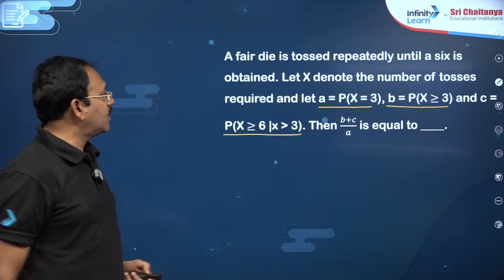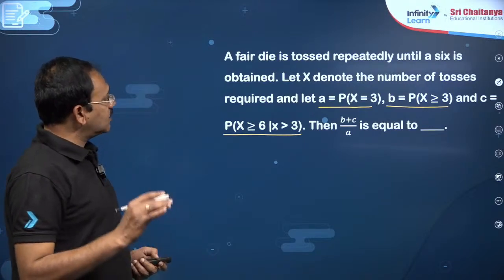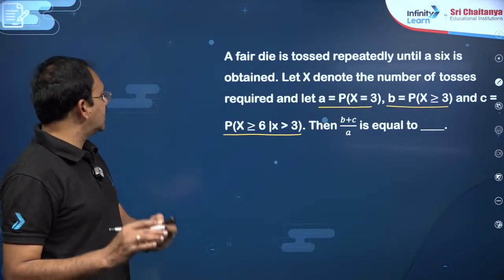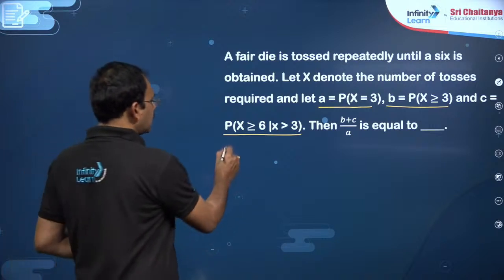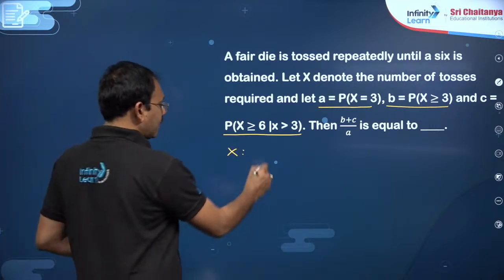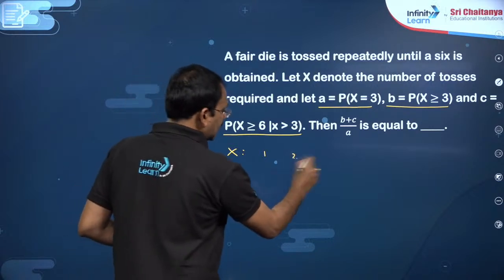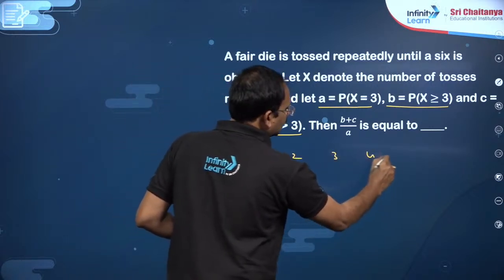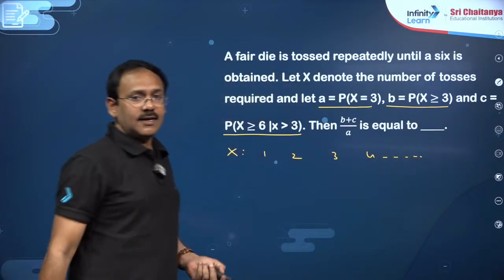You see this, my dear friends, a fair die is tossed repeatedly until a 6 is obtained. So suppose the number of trials required: you may get it in the first trial itself, or second trial, or third trial, or fourth trial, maybe indefinitely.